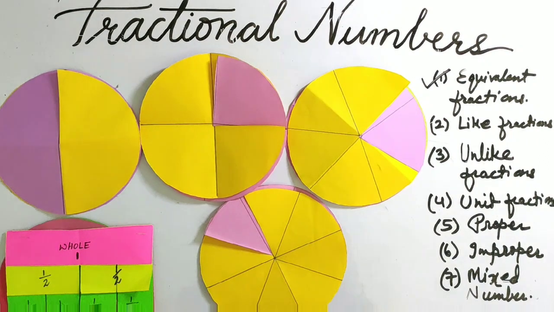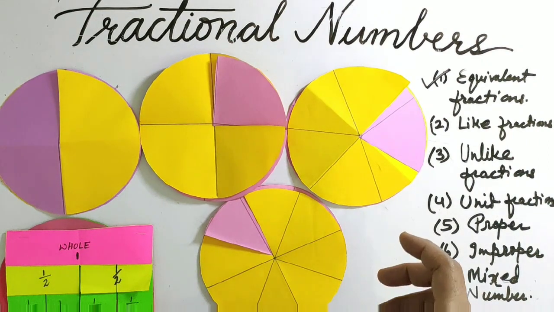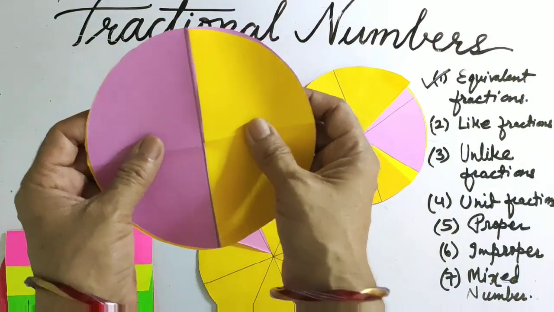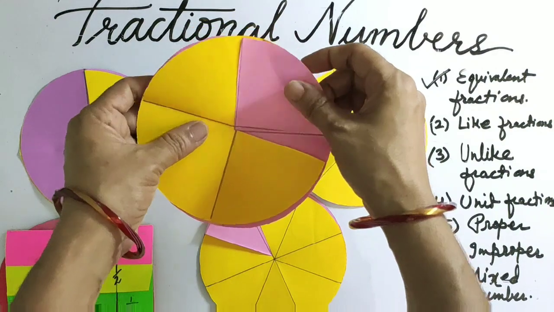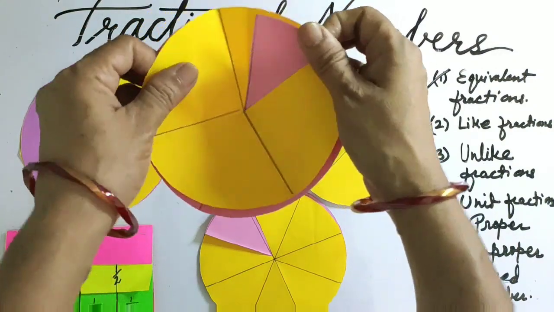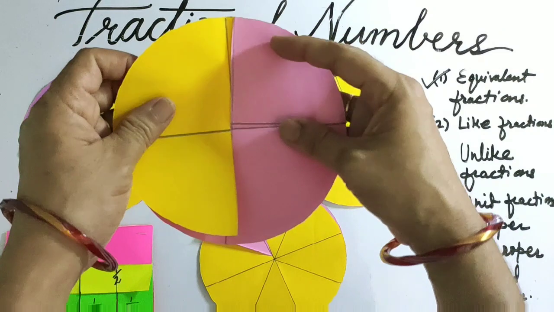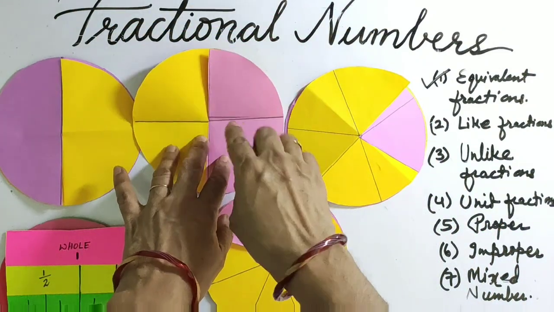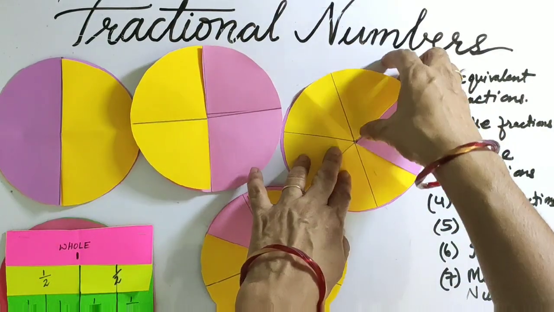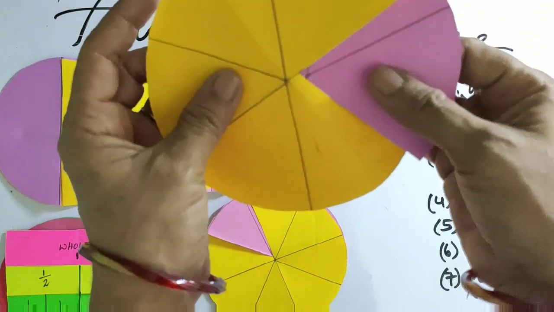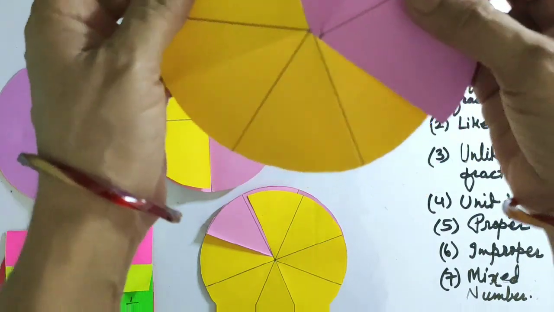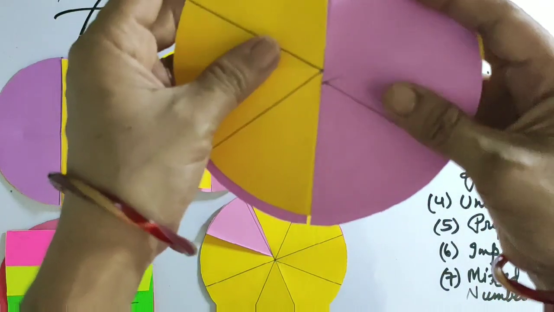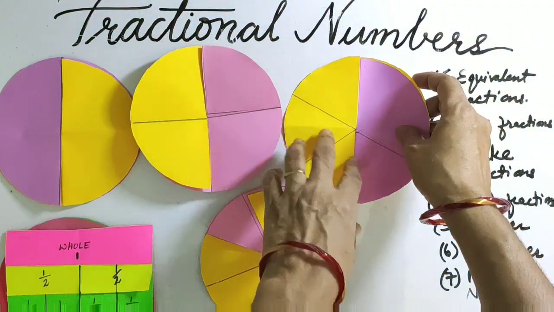So fractions which express the value of the same part of a whole are called equivalent fractions. So see here, this is 1 by 2, and this is 1 by 4. This is 2 by 4, is it? It is divided into 4 parts, so this one is 2 by 4. Now see here, this is divided into 6 parts, so this one is 3 by 6.